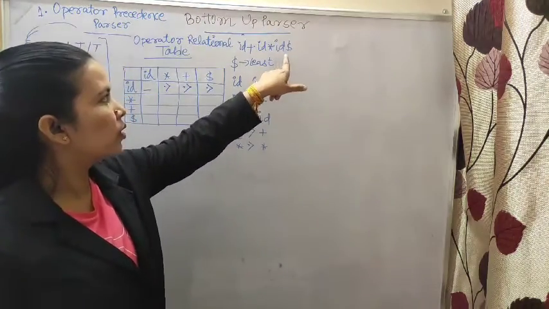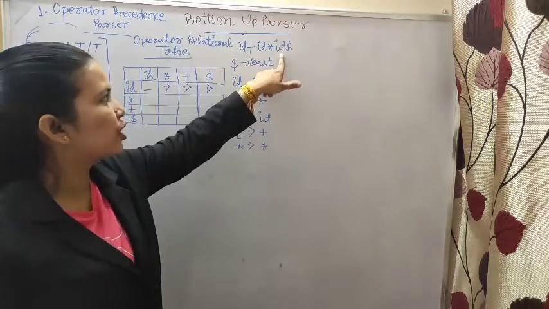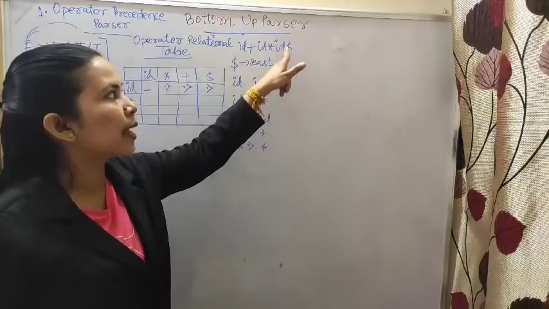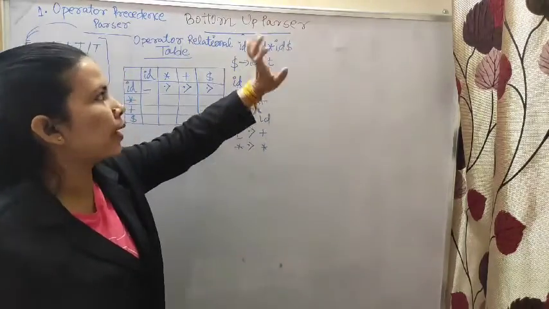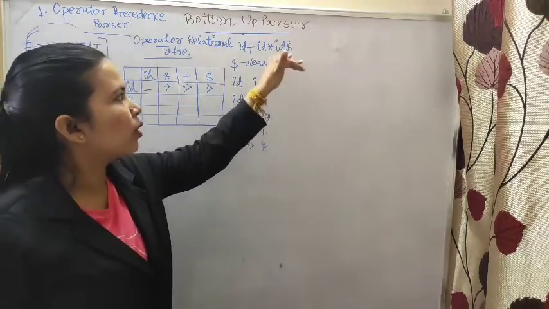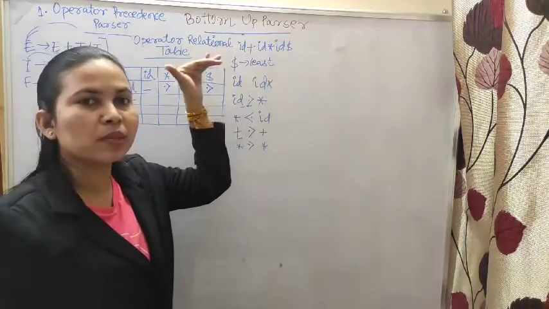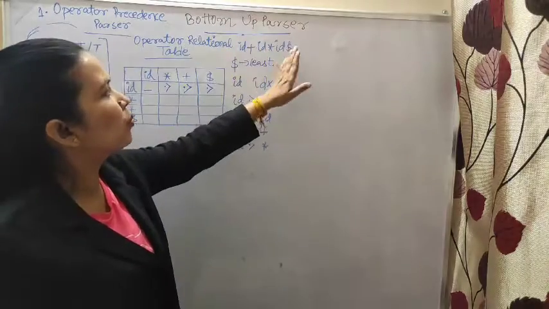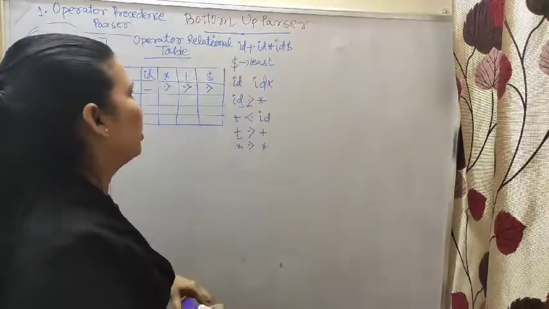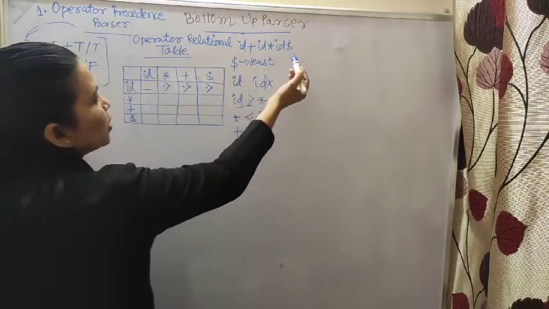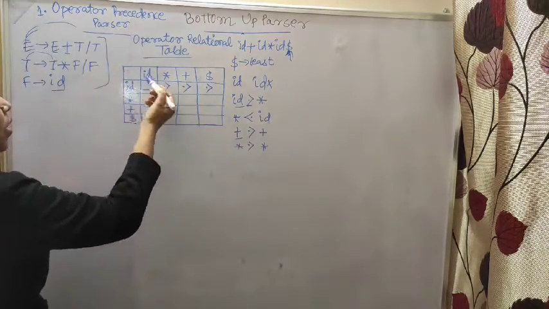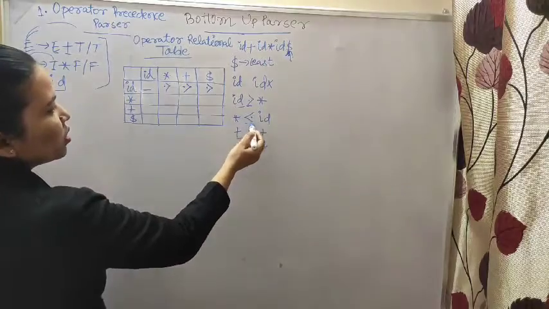Because whenever we are scanning this ID, afterwards dollar will come, so that means it is accepted, that input is closed. If dollar does not come, the system will check it. So that is why dollar is there. Dollar means this input is finished and it is over now. And dollar is at the last, so that is why dollar is the least precedence.